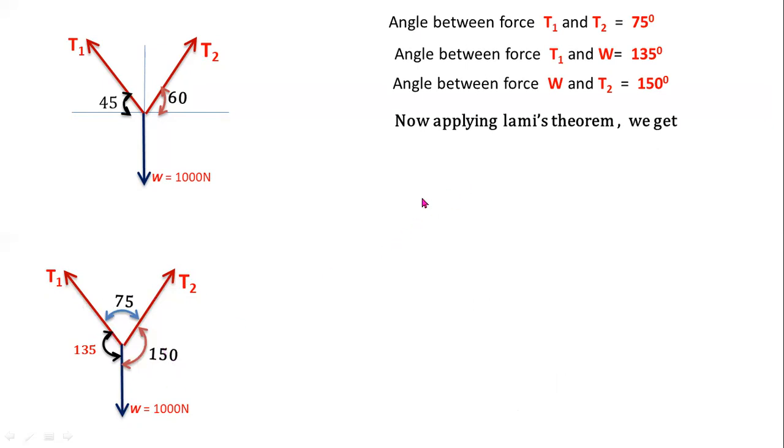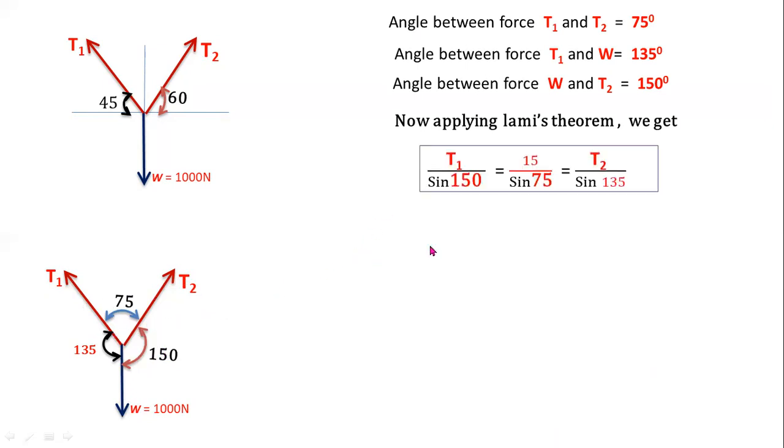Now you have to apply Lami's equation. From Lami's theorem, each force divided by the sine of the angle between the other two forces. Here the force is T1, so the opposite angle is 150 degrees, so T1 by sine 150 degrees.